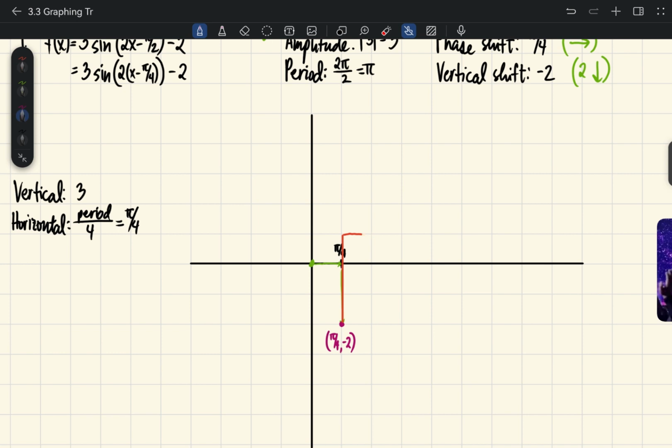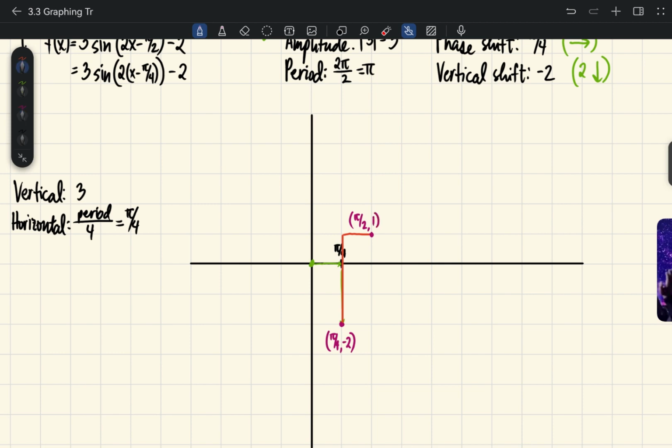So this point right here would be, first, we added pi over 4 to our x-coordinate. So pi over 4 plus pi over 4, that's pi over 2. Then for the y-coordinate, we added 3. So negative 2 plus 3, we get 1 right here.